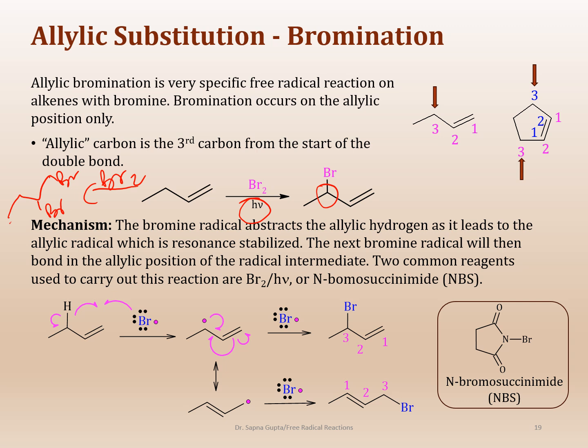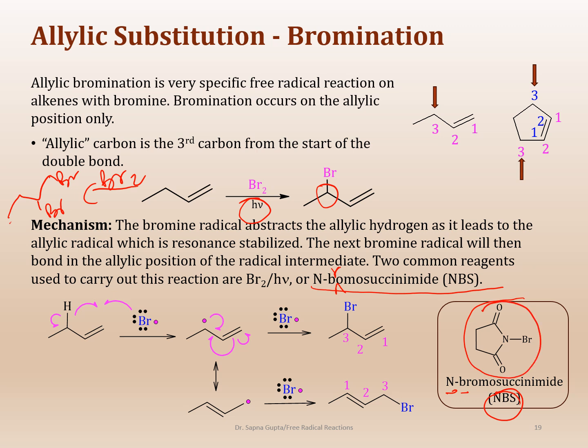The other reagent you can use here is called N-bromosuccinimide. I'm missing the Br over here, so I'm going to add that later on. N-bromosuccinimide is also, for short, NBS.